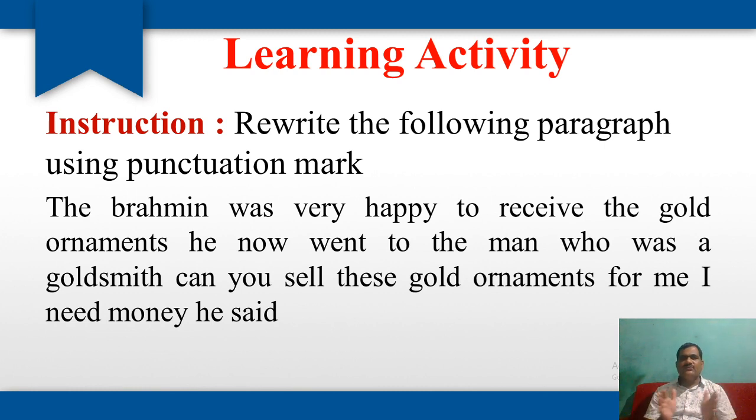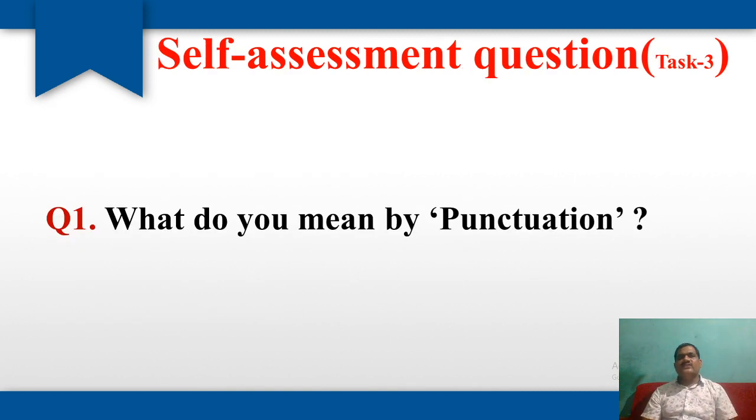In this paragraph there is no punctuation mark. So you have to use the right kind of punctuation mark at the right place, and rewrite the paragraph. Okay. Then there is also a self-assessment question for you. What do you mean by punctuation mark? Okay. Yes. Know your progress. Try your level best, my dear students.